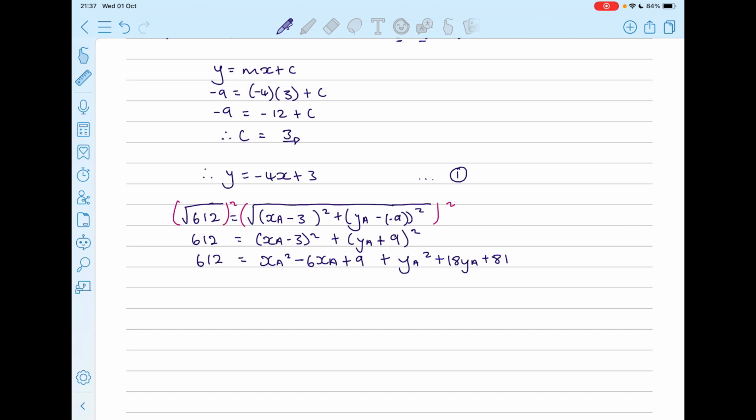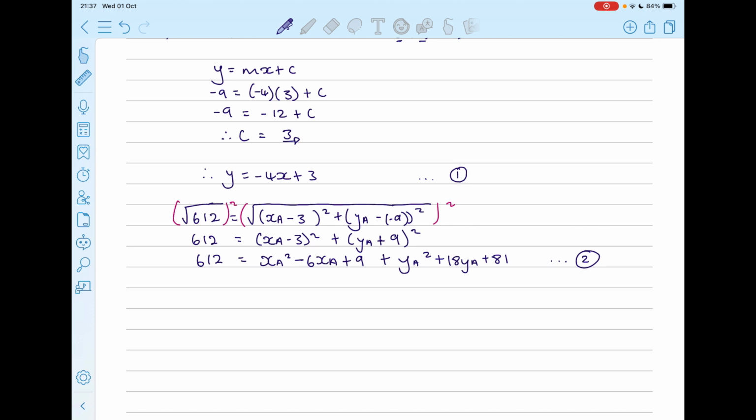Okay, so you can see that I have my two brackets expanded. So this then becomes equation number 2. I know it looks intimidating, but trust me, we've got this.